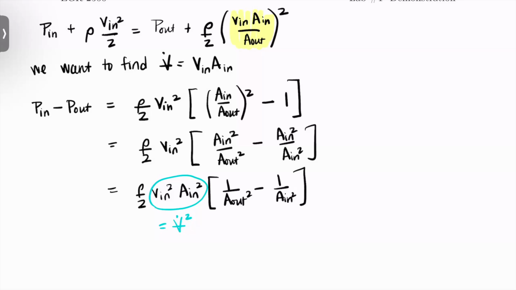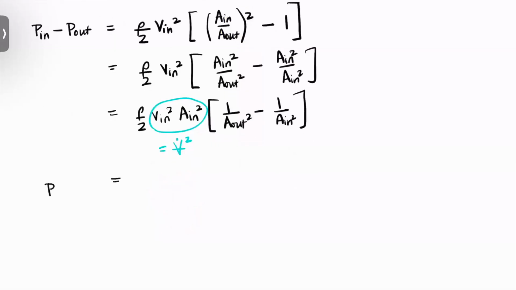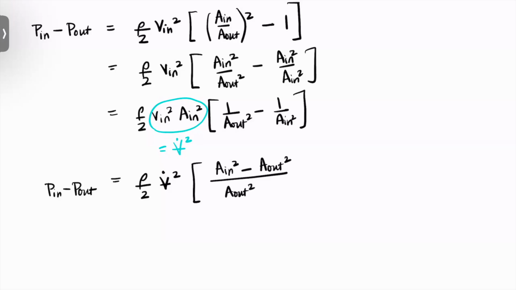Okay, so this means that our P in minus P out is rho over 2 times the volume flow rate squared. And then I can rewrite this 1 over A out squared minus 1 over A in squared as A in squared minus A out squared, divided by A out squared times A in squared.